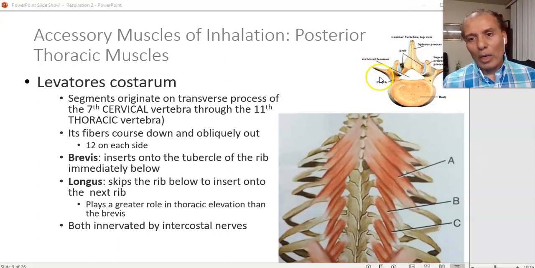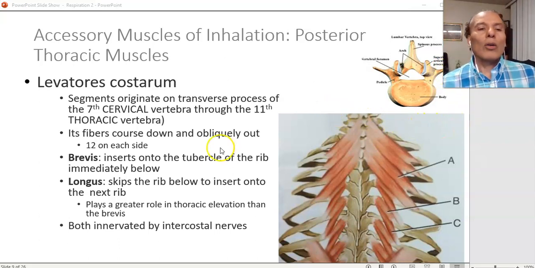One rib articulates here and goes out and curves around. The other rib articulates next. So the first one originates on the 7th cervical vertebra, and then they keep going down, see here, down to the 11th thoracic vertebra.